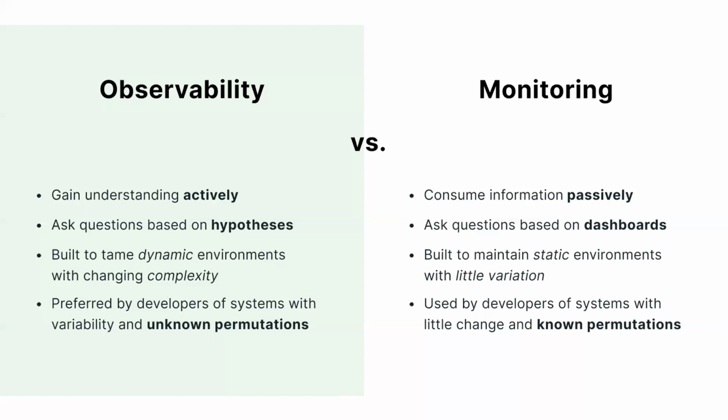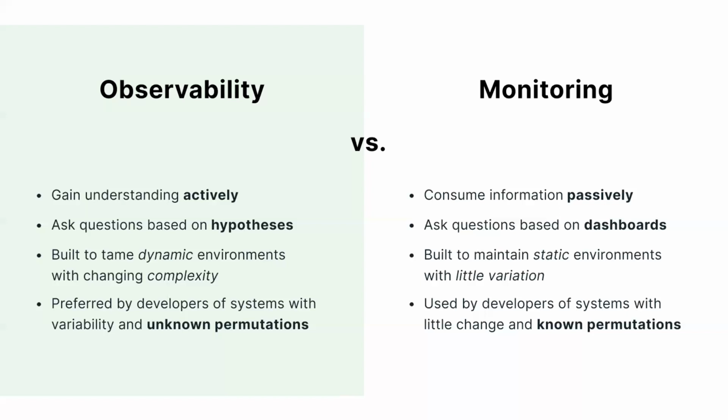That's where observability will help you. If you try to monitor a pod, the same pod you are monitoring will not be there after 1 hour or a few days, correct? So you understand that, right? Now dynamic and static. Observability is preferred by developers of systems with variability and unknown permutations, and monitoring is used by developers of systems with little changes and known permutations.